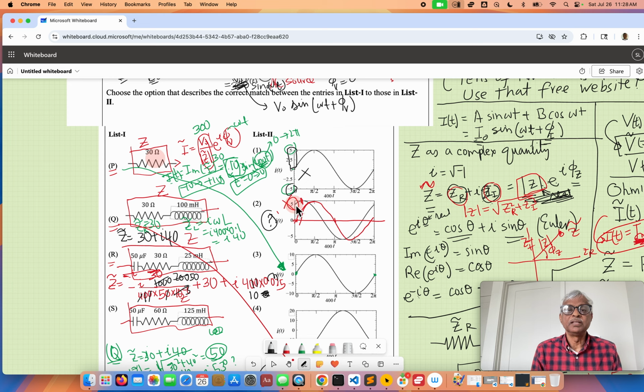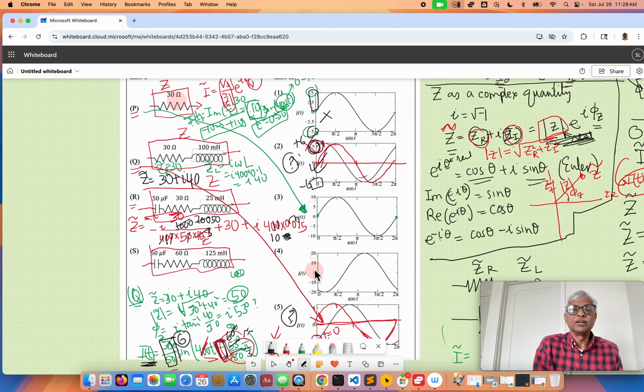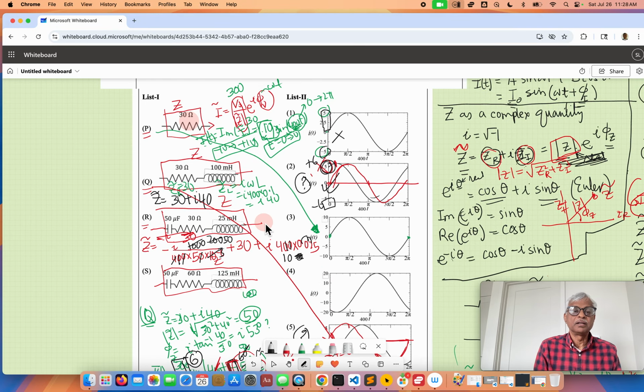This one looks like it could be correct, because we start from here and go down like this, at I0, and this is going from plus minus 6 to plus 6, so this is correct. So this would be 2.